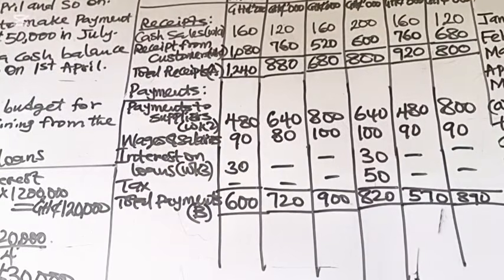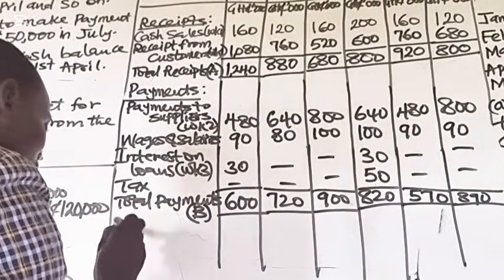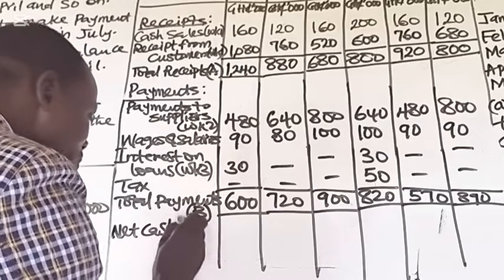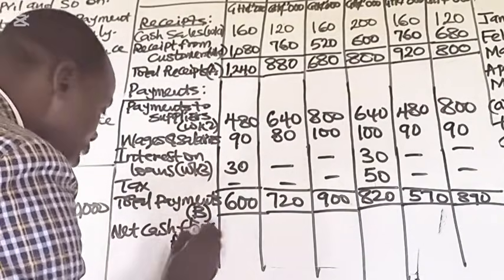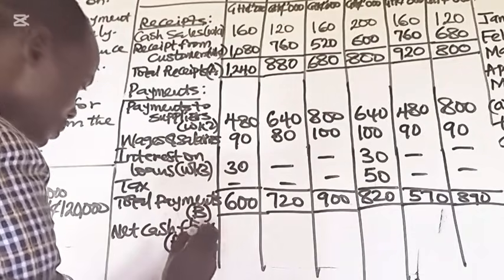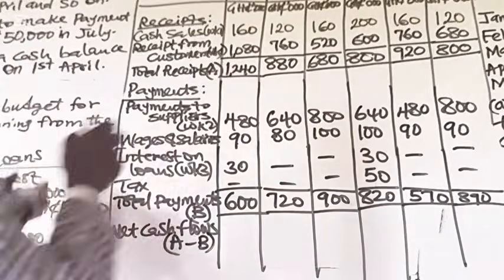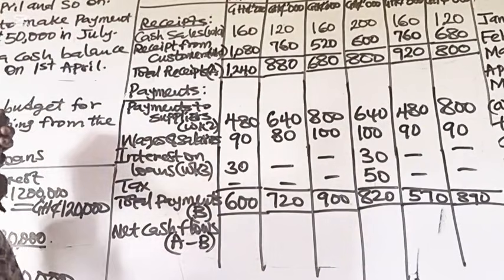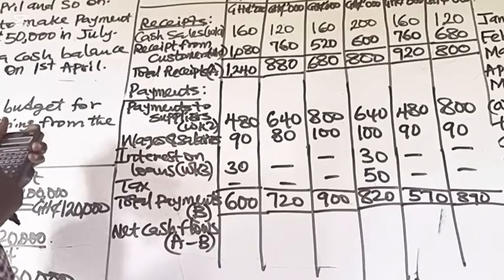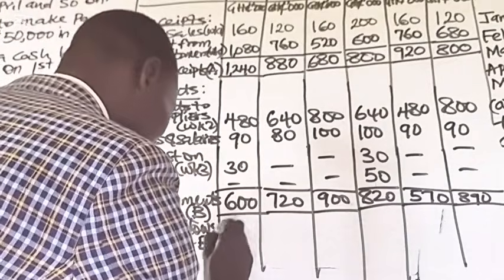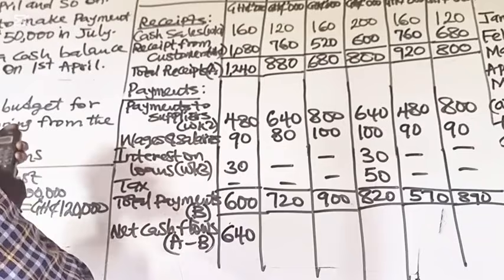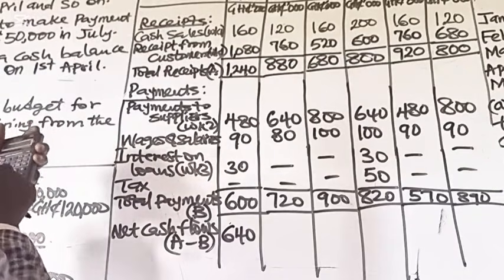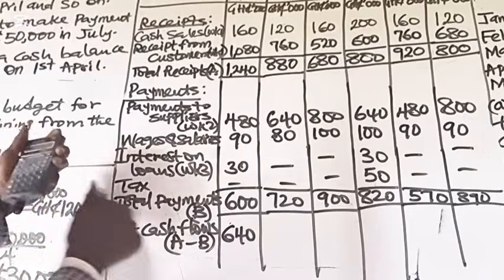Then, after the payments, the next item is net cash flows. Our net cash flows will be total receipts, which is A, minus total payments, which is B. A minus B: 1,240 minus 600, then you have 640. Then 880 minus 720, that gives us 160.